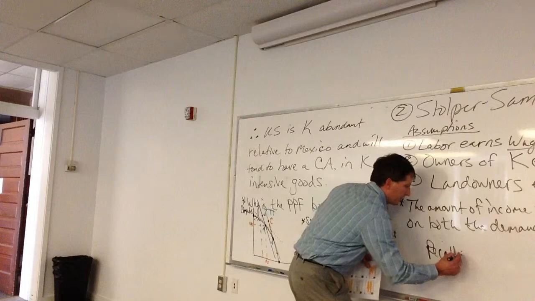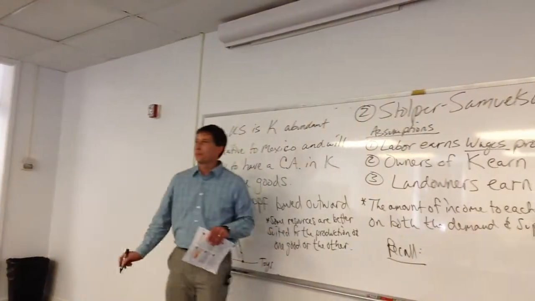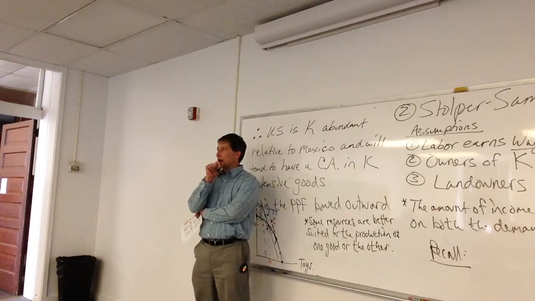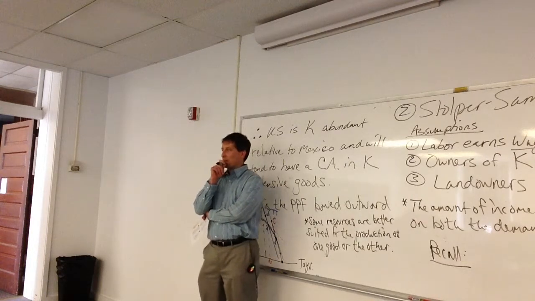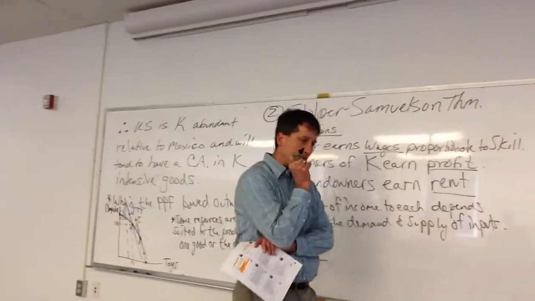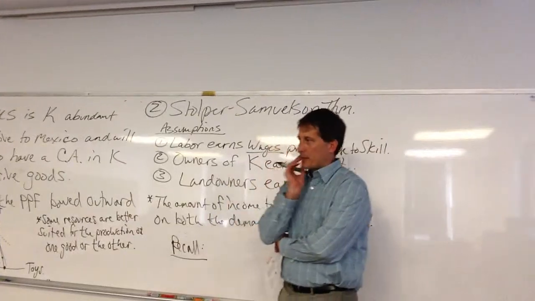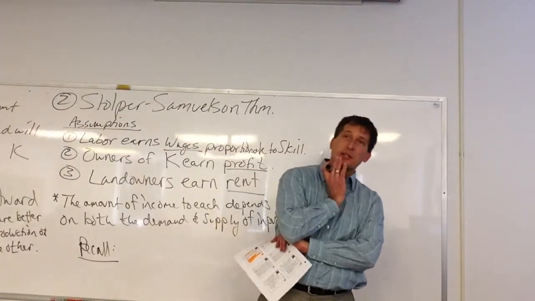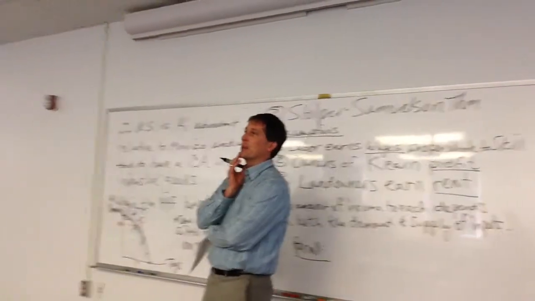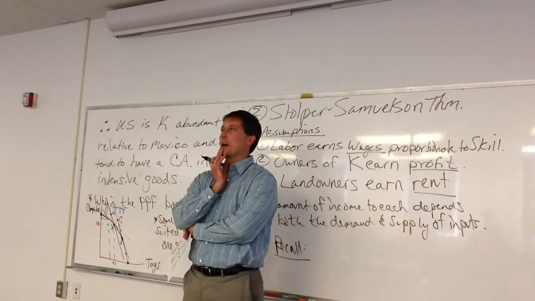Recall from days gone by that the demand for a resource is a derived demand. So we called it a derived demand curve. Does anybody remember why? So the demand for labor, for instance. We say that the demand curve for labor is a derived demand curve. What's it derived from? Aggregating it?